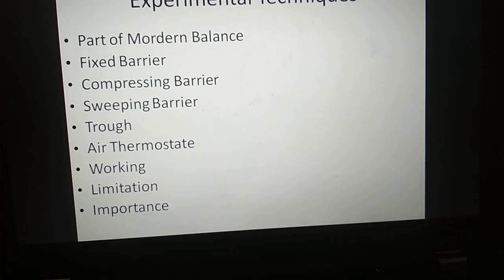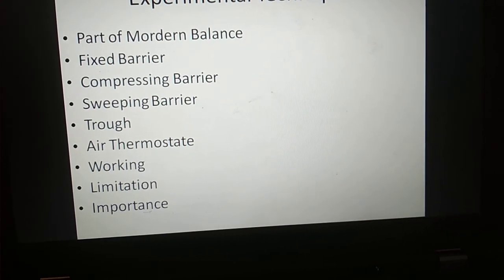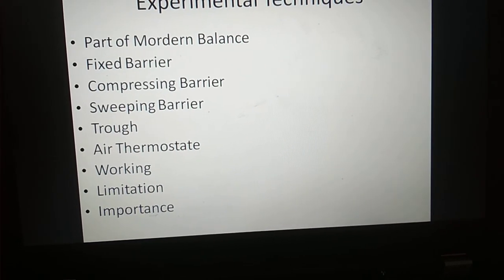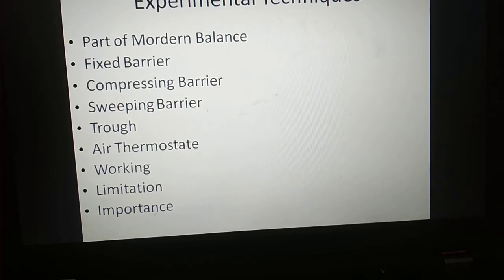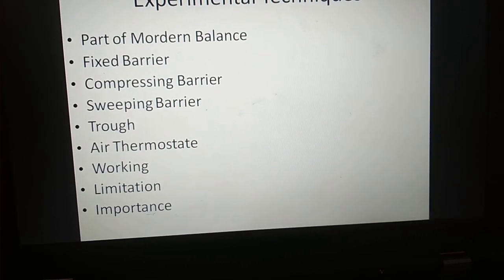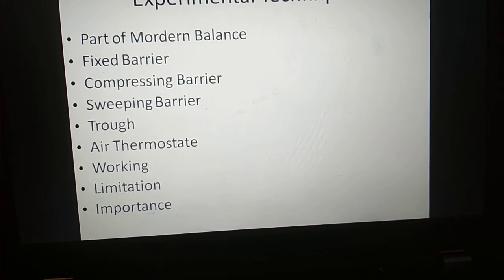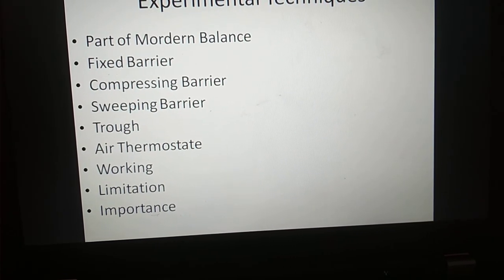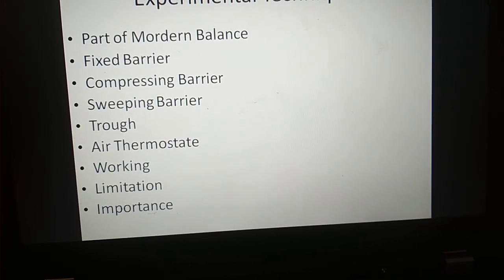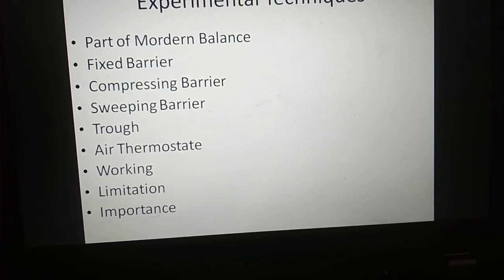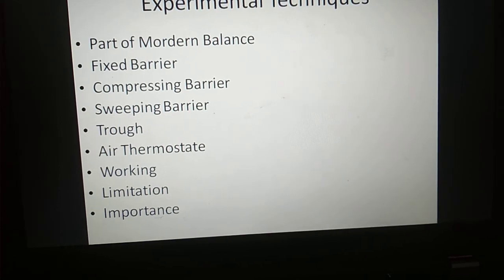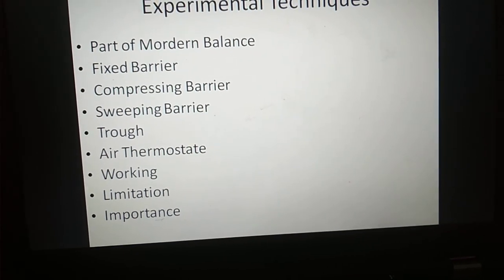The second is the compressing barrier. This is a floating barrier, a strip of platinum foil or waxed thread attached at the end of it. These strips lie upon the water surface and connect the ends of the barrier to the side of the drum.